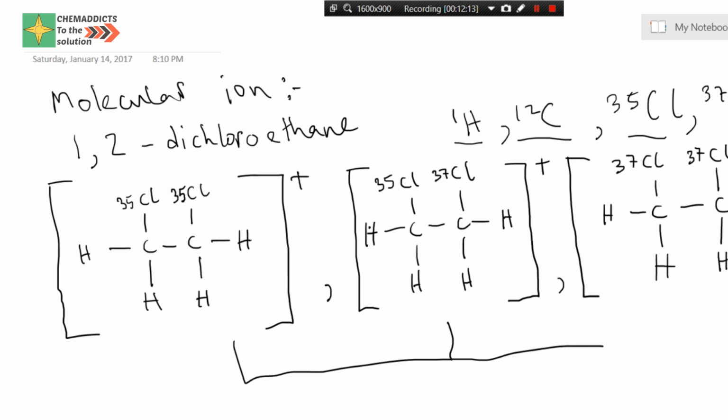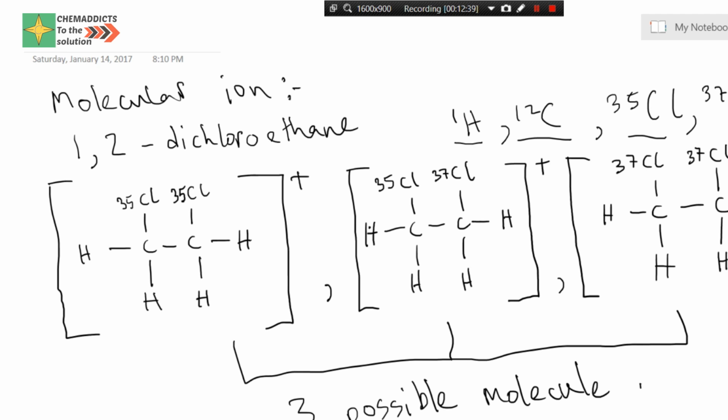Since there is no variation in hydrogen or carbon, as they have only one isotope, we end up getting three possible molecular ions.